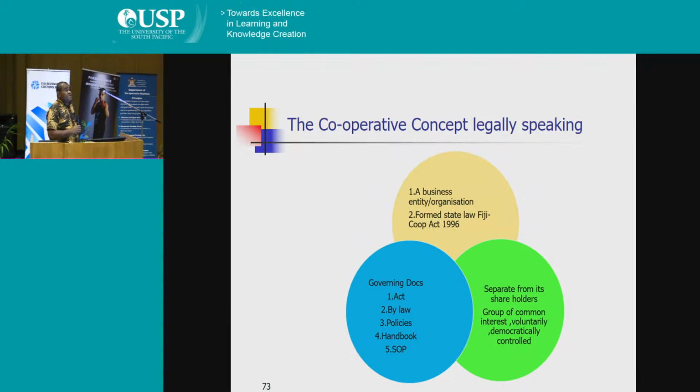It is a business entity formed from the Cooperative Act 1996. It also has governing documents: bylaws, policies, and also handbooks and SOP, standard operating procedures, to govern the members.